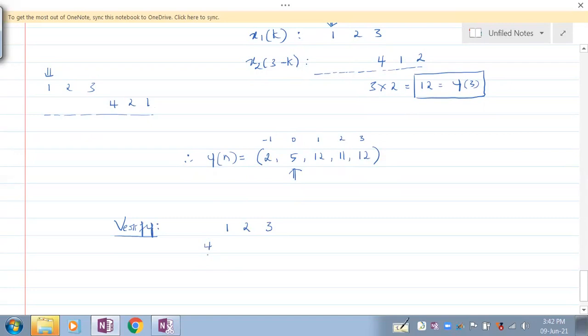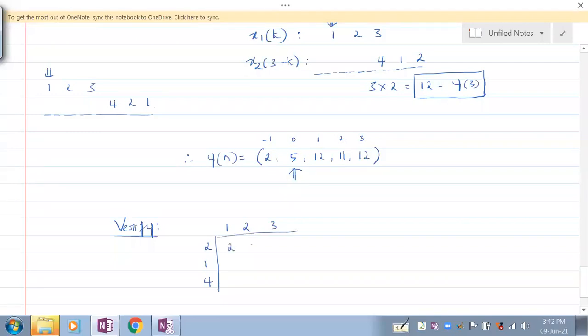Is 4, 1, 2 the sequence we have? Or no, the input sequence. It's 2, 1, 4, mind you. So it's not 4, 1, 4; it's 2, 1, 4, and the other is 1, 2, 3. Okay, so have this arrangement and go on multiplying.